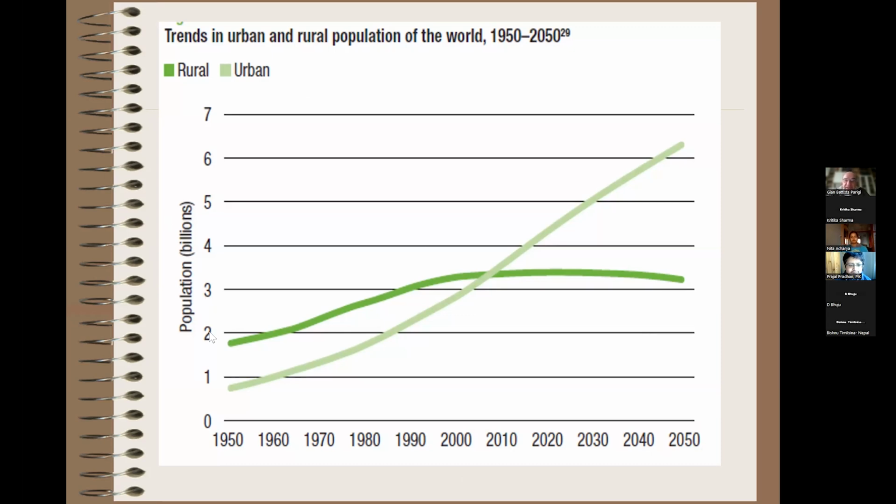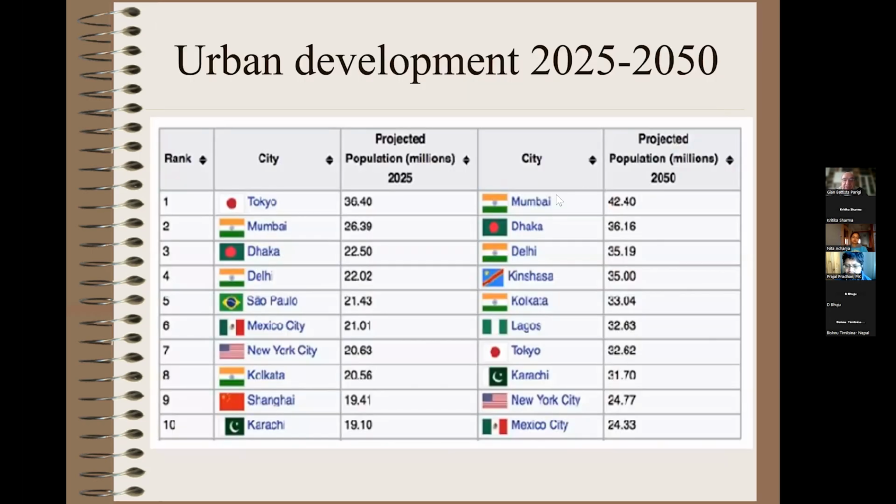This is the trend of the population up to 2050. This is the rural population, and this is the urban population that will grow terribly. And this entails a lot of problems in the cities. This is the projection of the urban development.